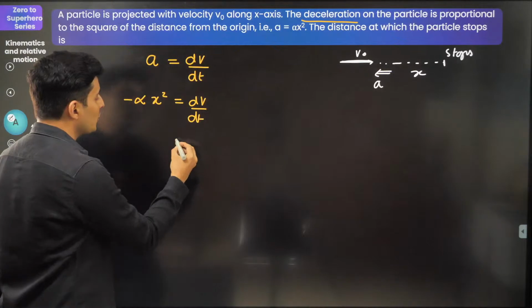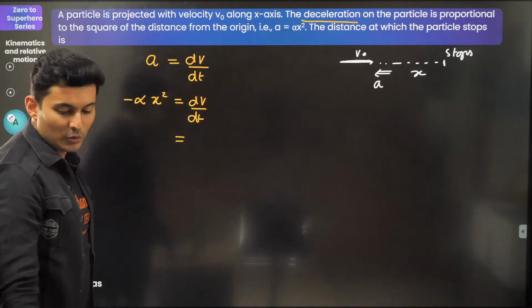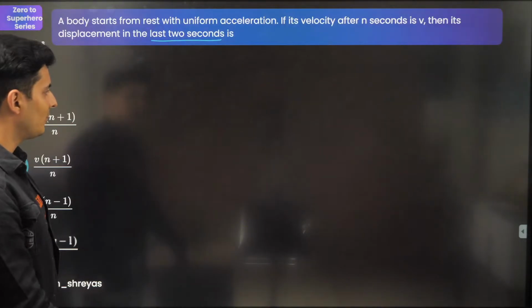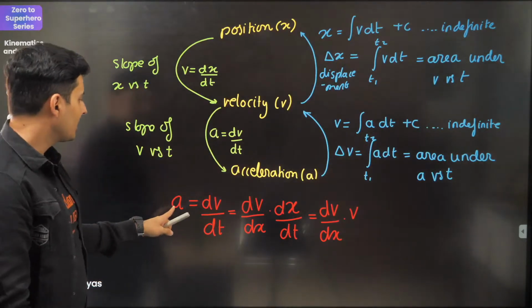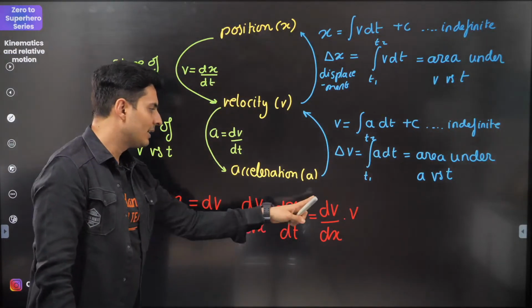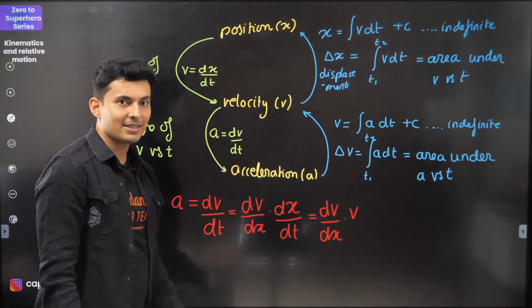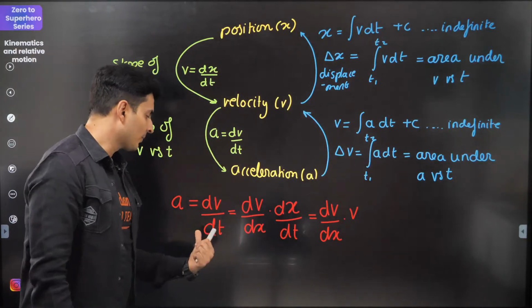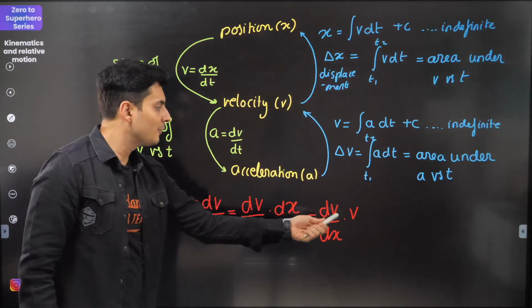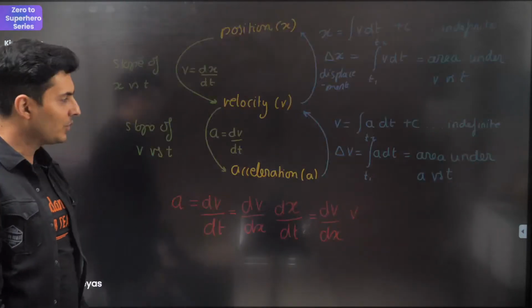Now, I think I should use my chain rule. Remember, I just told about this in my notes right over here. Let's go back. See, acceleration is dv by dt, which is dv by dx into dx by dt, which is v dv by dx. So you can write acceleration, if you don't like time, in terms of position and velocity as v dv by dx. Just told you some time back.